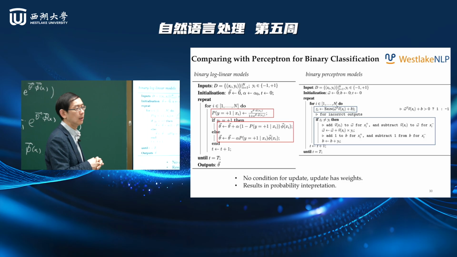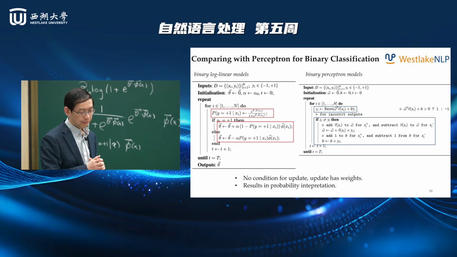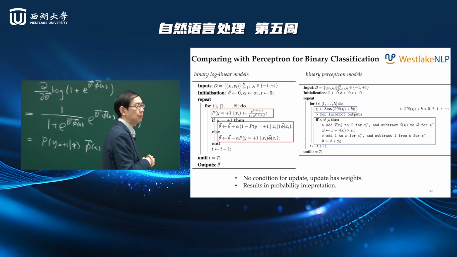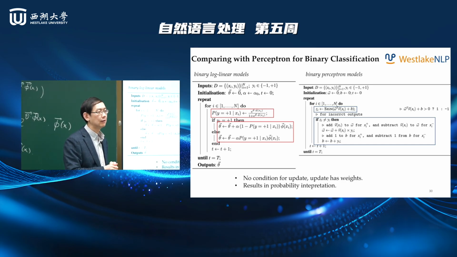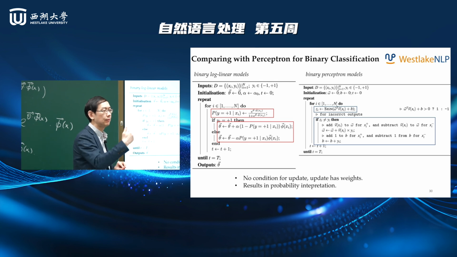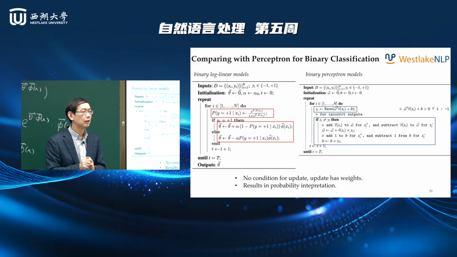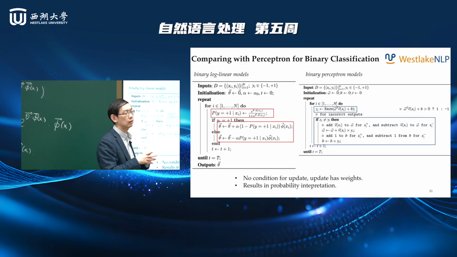Another similarity: if you look at the parameter update, they both update theta using phi. Perceptron updates theta using phi, every time you add a phi to theta. The log linear model also updates theta using phi. This is the third similarity.